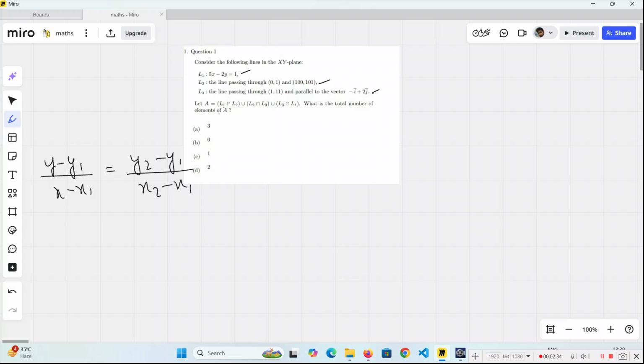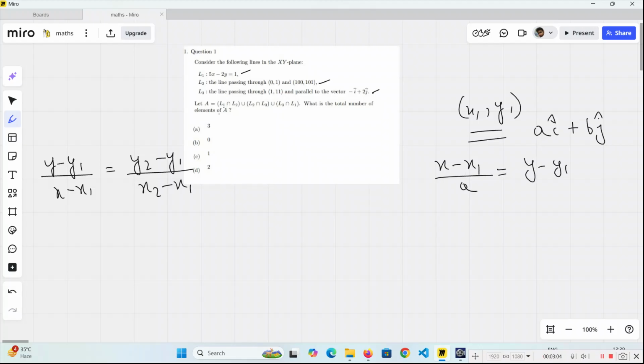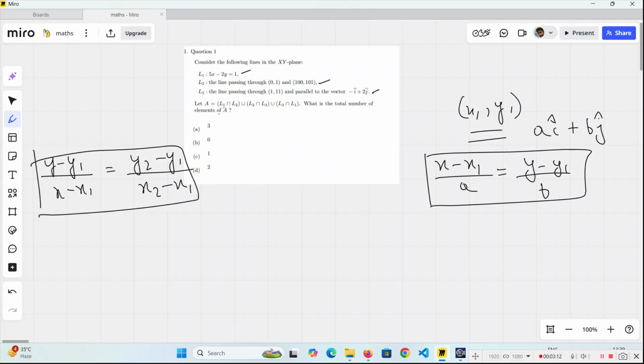Another thing is that if a line is passing through a point, for example (x1, y1), and it is parallel to a vector, that is a i cap plus b j cap, then we can get the equation of this line using the formula for parallel lines, that is (x minus x1) by a equals (y minus y1) by b. So this is another formula. Okay, we have to remember these 2 formulas, we'll be using them here.